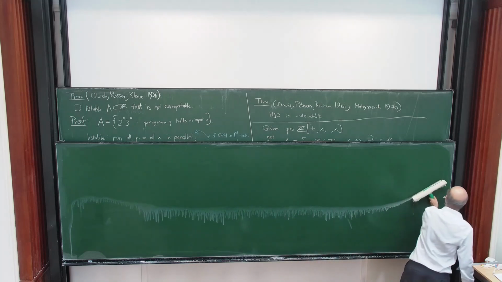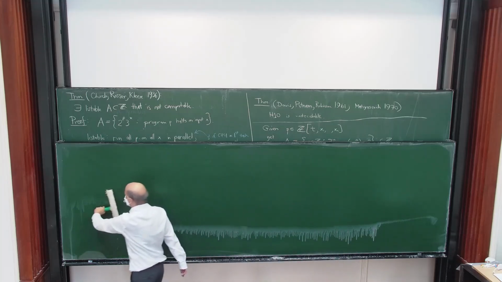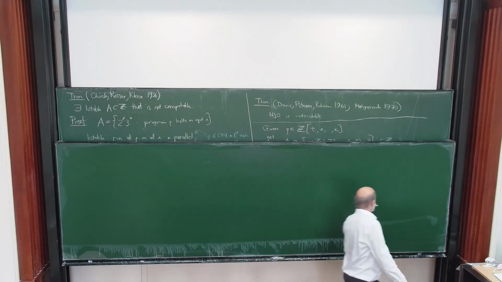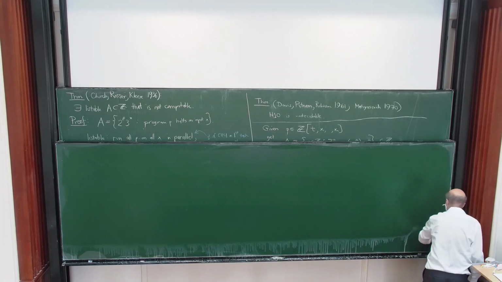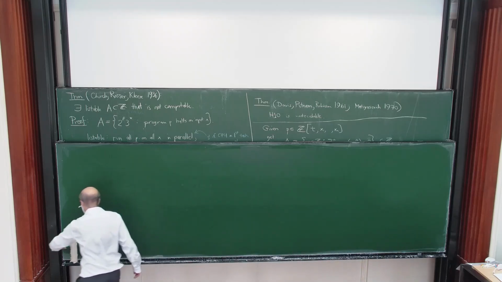We're trying to prove that Diophantine is equivalent to listable. Do you see which is the easy direction? Yeah, that Diophantine implies listable.